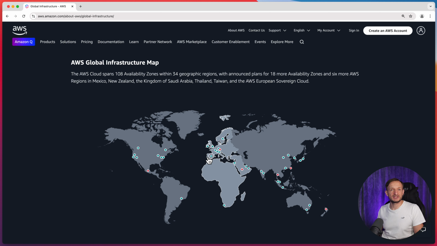Another thing we'll be talking about across the course is data replication. S3, RDS, and other services, which we'll talk about later, can replicate data across AZs automatically to ensure data durability. So that will be all for regions and AZs.